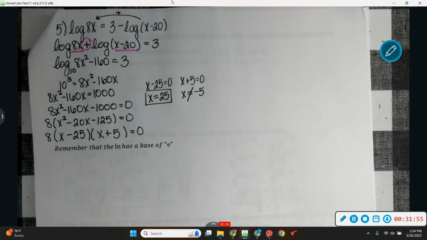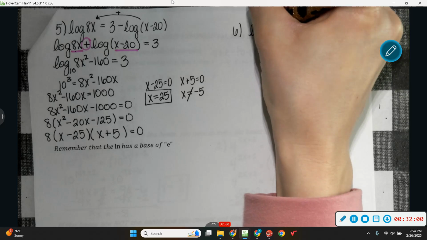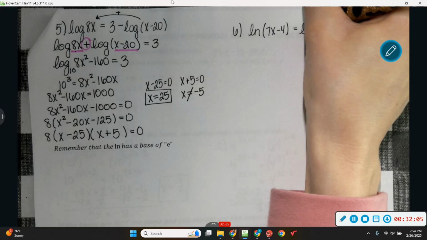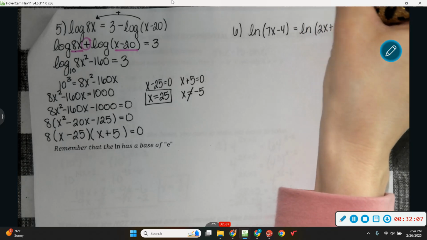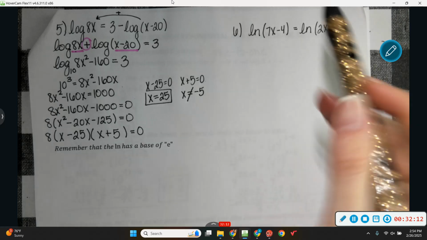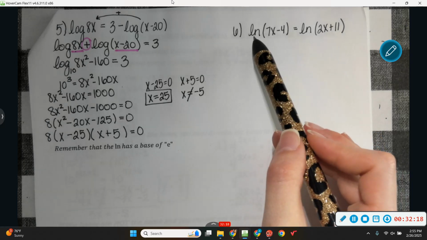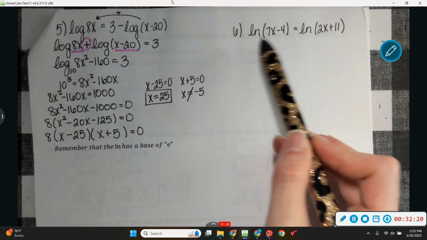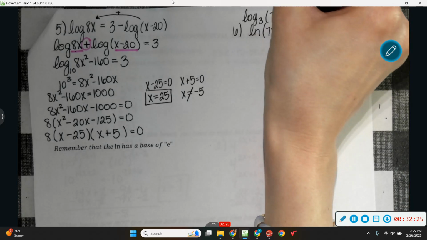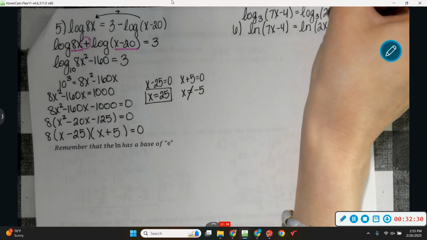Okay, so now I've got my sixth example where I have the natural log of 7x minus 4 equals the natural log of 2x plus 11. This is a case where if you have a natural log or a log of the same base on both sides, and this is all it looks like, so whether it looks like natural log, or even if I have log base 3 of 7x minus 4 equals log base 3 of 2x plus 11.